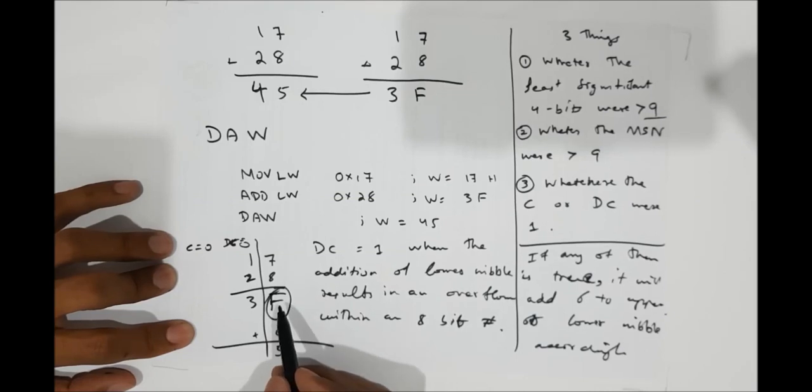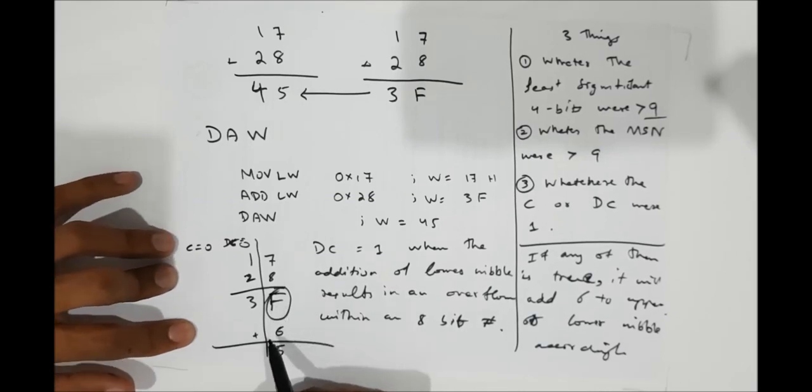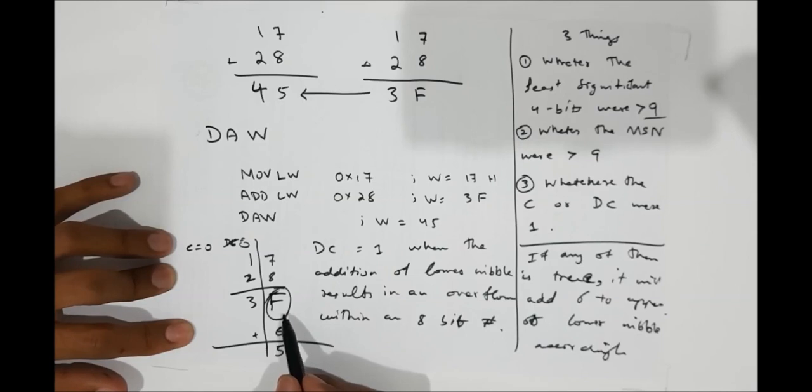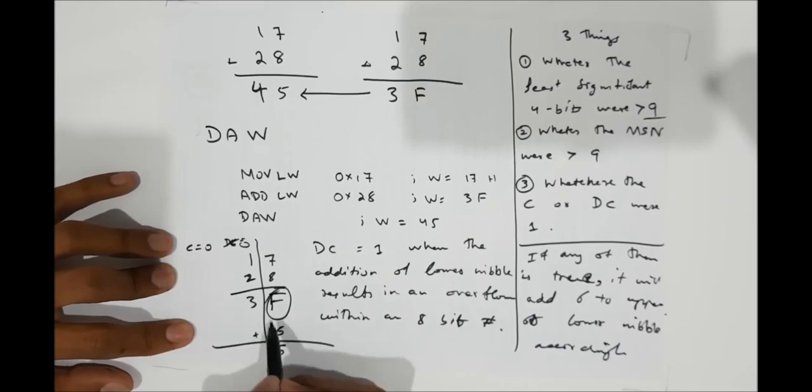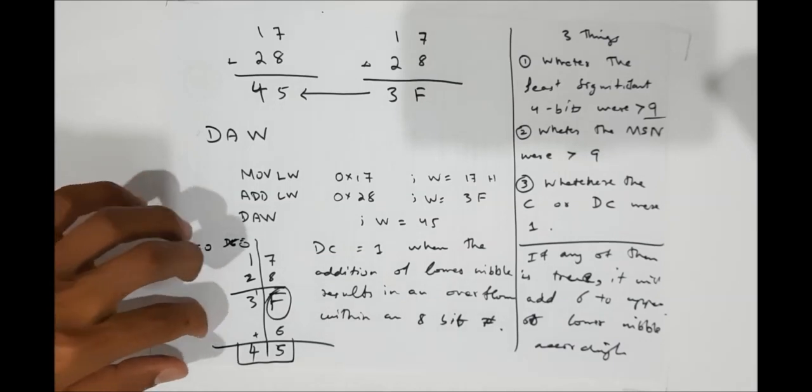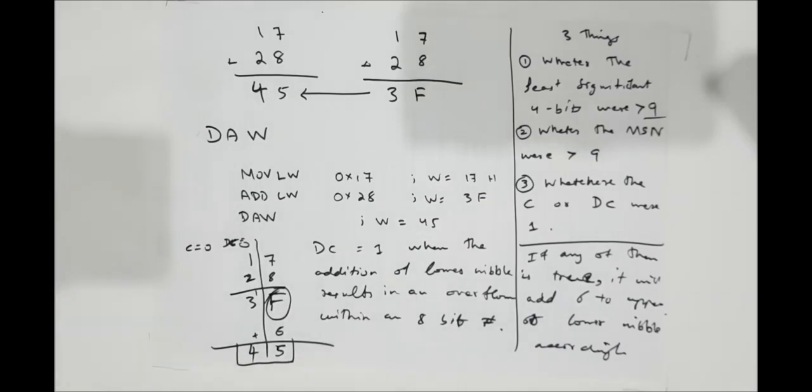So if we add 6 to it, it will first overflow to 0 and then it will count 1, 2, 3, 4 and then 5. Now this is 5 and the digital carry will be equal to 1. So 3 plus 1 is equal to 4. Adding 6 to the least significant nibble will convert that hexadecimal number into a BCD number.